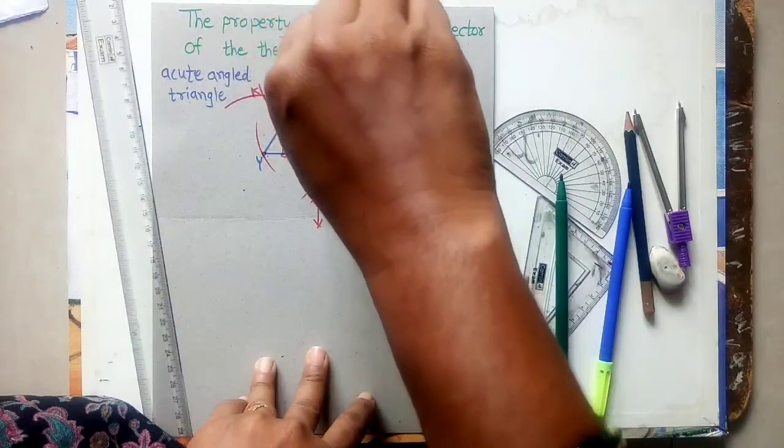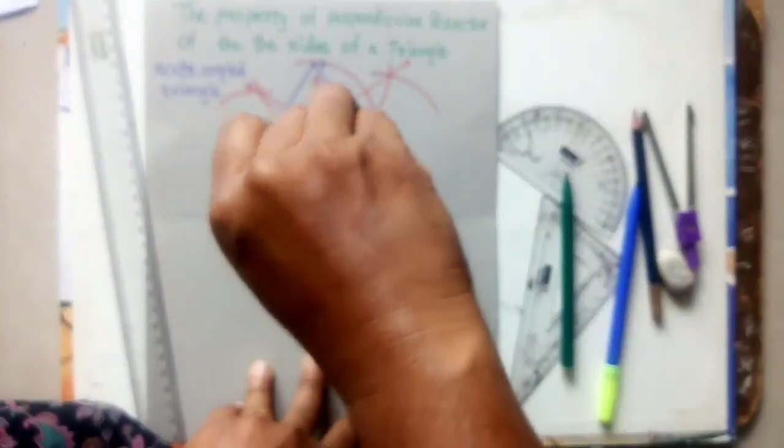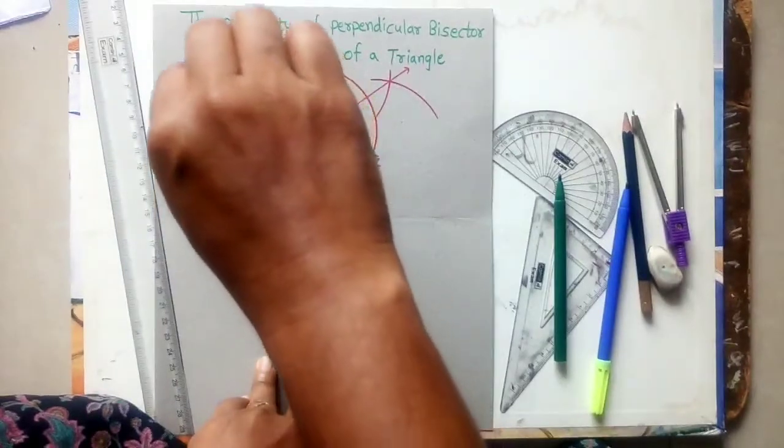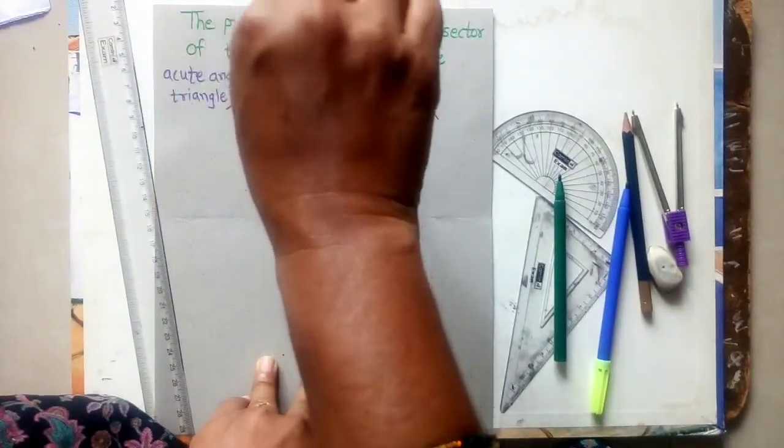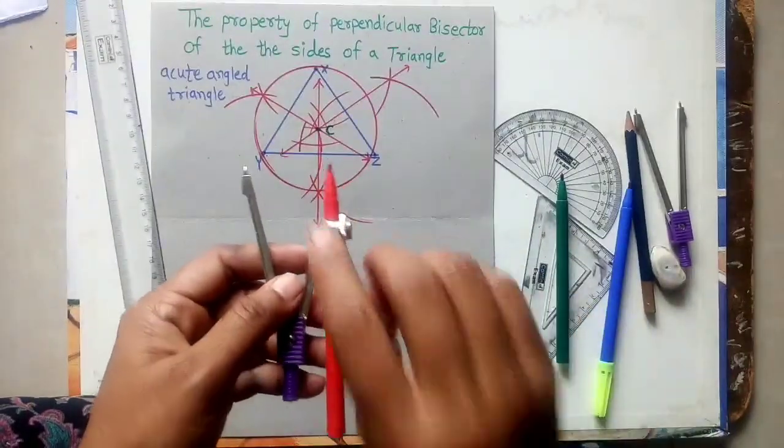This point is the center of the triangle. In this construction, we learn two properties. First property is the angle bisectors of a triangle are concurrent. Second, the perpendicular bisectors of sides of a triangle are concurrent.